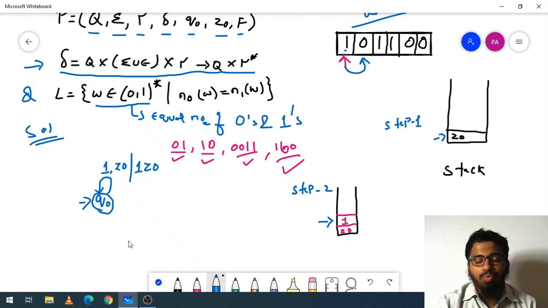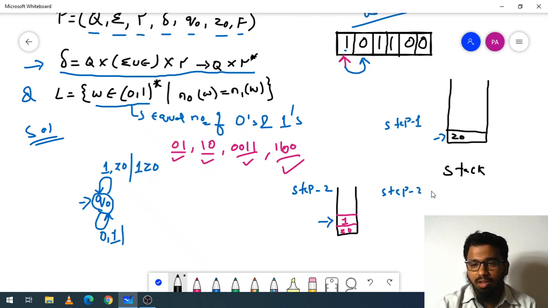Now whenever we have a 0, let's draw here. Whenever we have a 0 comma, the header is now 0, and what is at the top of the stack? It is 1. So whenever we have this, you need to remove the top of the stack, and in step 3 you add again.